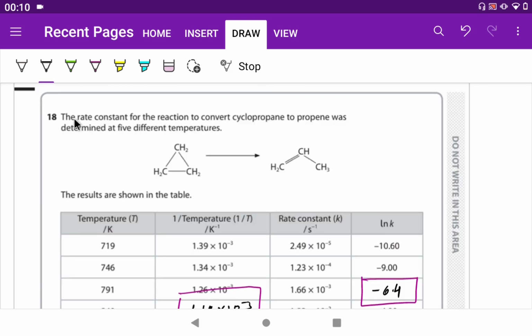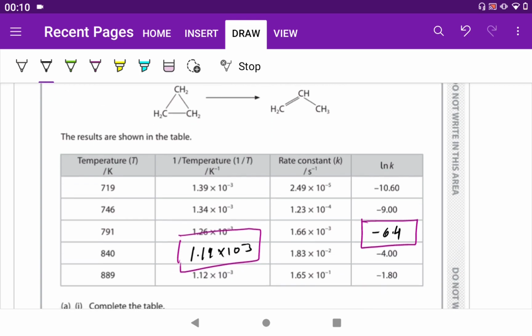Question 18. The rate constant for the reaction converting cyclopropane to propene was determined at 5 different temperatures: 719, 746, 791, 840, 889.